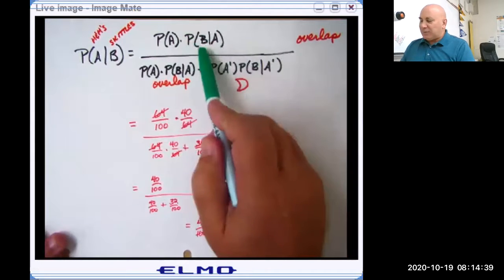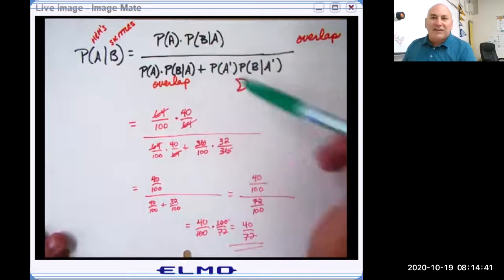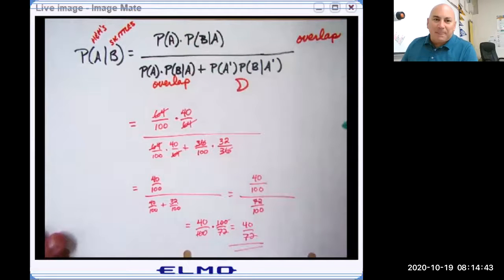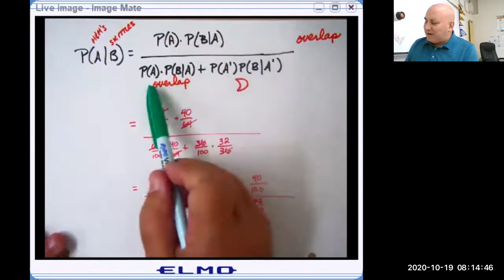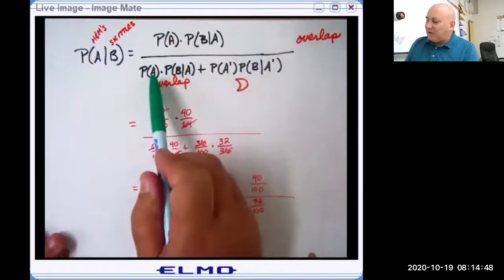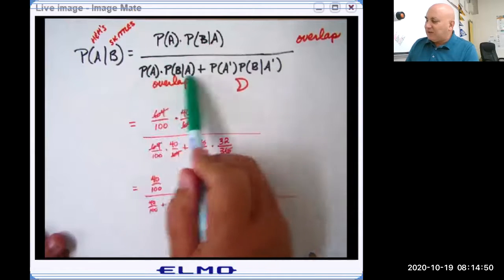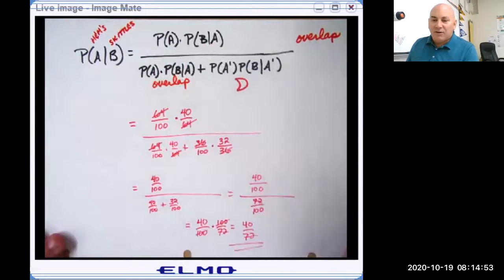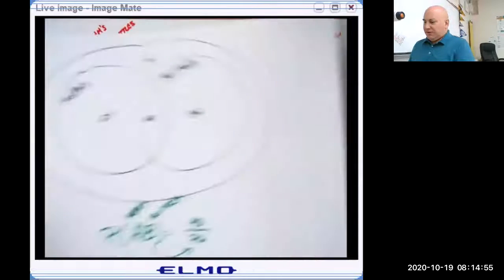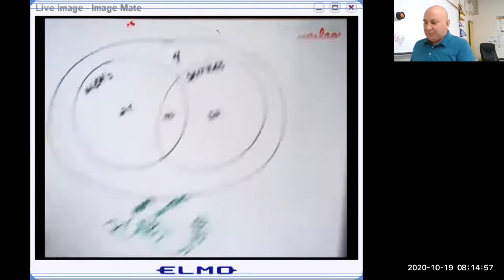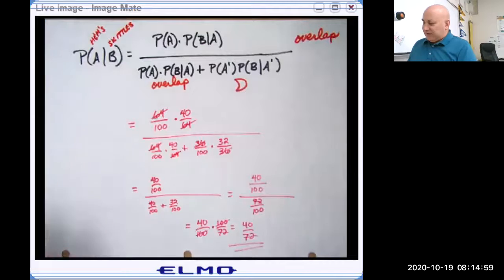Make sure that you can get the probability of B given A. I'm not asking you to understand Bayes' theorem. I'm asking you to understand how to get each of these probabilities off of this picture. Then you can see that we end up with 40 out of 72, which is just what we got by looking at the picture. So maybe that gives you some confidence that Bayes' theorem is correct.